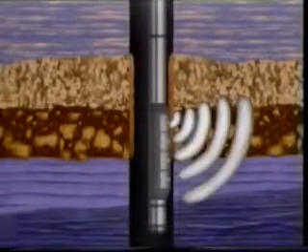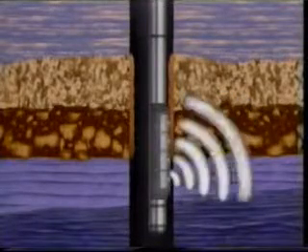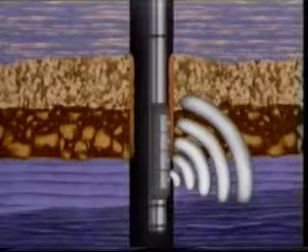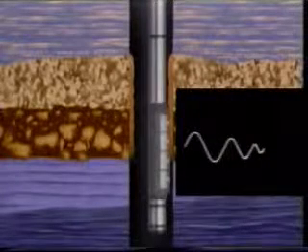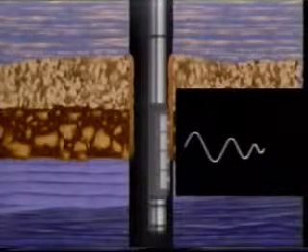As microwave energy of a fixed intensity and wavelength moves through the formation, two marked changes occur. The waves lose some of their amplitude, and the wavelength increases. The cause of these shifts is due to the dielectric permittivity of the rock and the fluids through which the electromagnetic energy propagates.